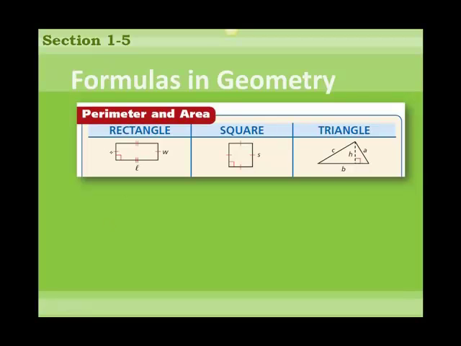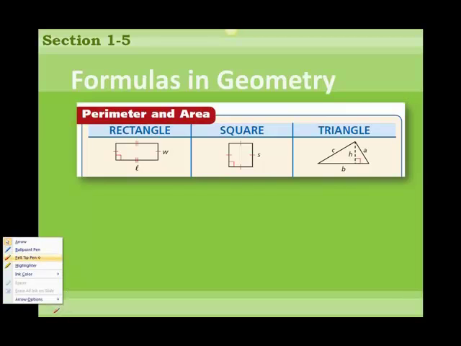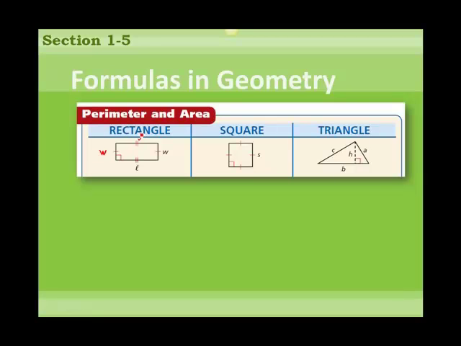They put the congruent marks here because this side and this side are congruent, so you can also call that one W. And then you have two tick marks here and two here, so these are congruent, so you can also call that L. So if we're going to find the perimeter, or the distance around, we've got W plus L plus W plus L, which ends up being 2W plus 2L. And then the area is the length times the width, so the area is L times W.